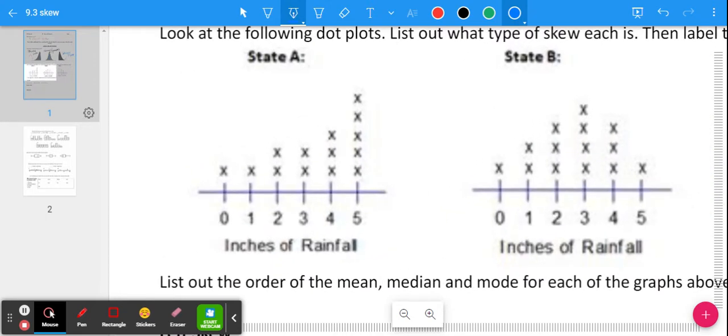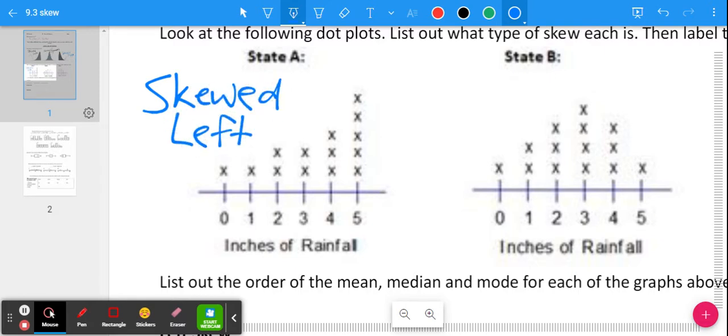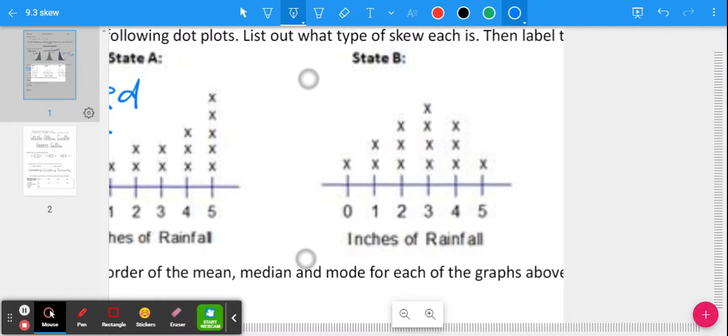So on this one, if you drew a trend around it to see that blob of information, the tail would actually be on this side. So this is skewed left, because it's where the information is being pulled out to the left. Most of it's on the right side, and then it kind of tapers off as it goes to the left.